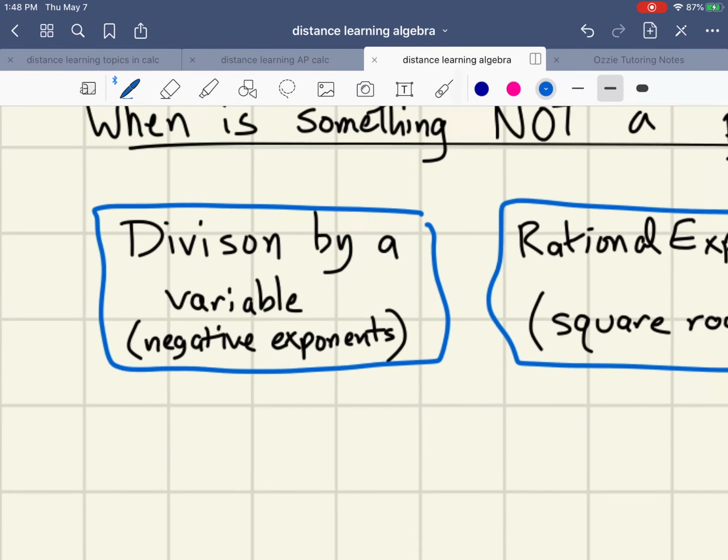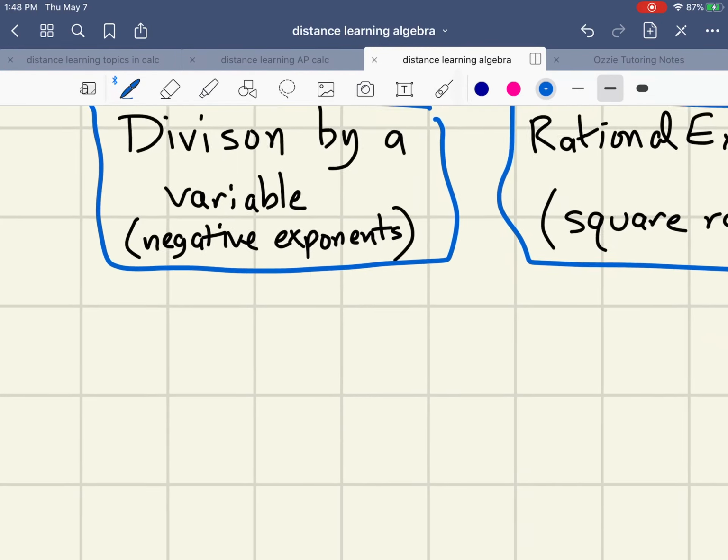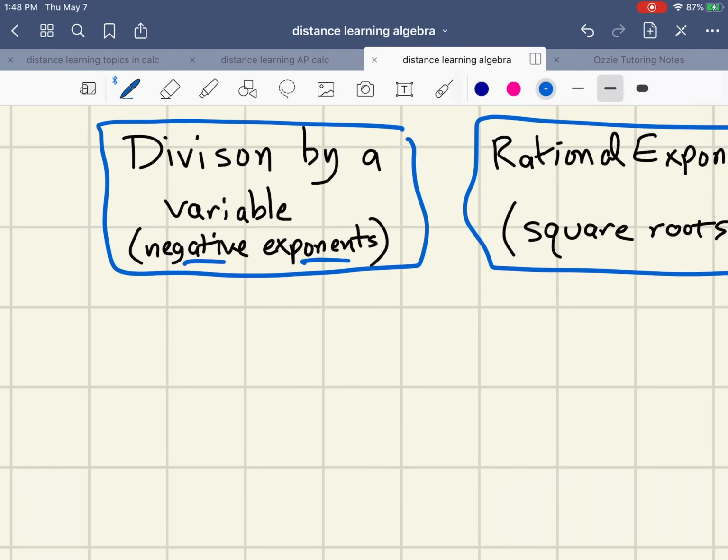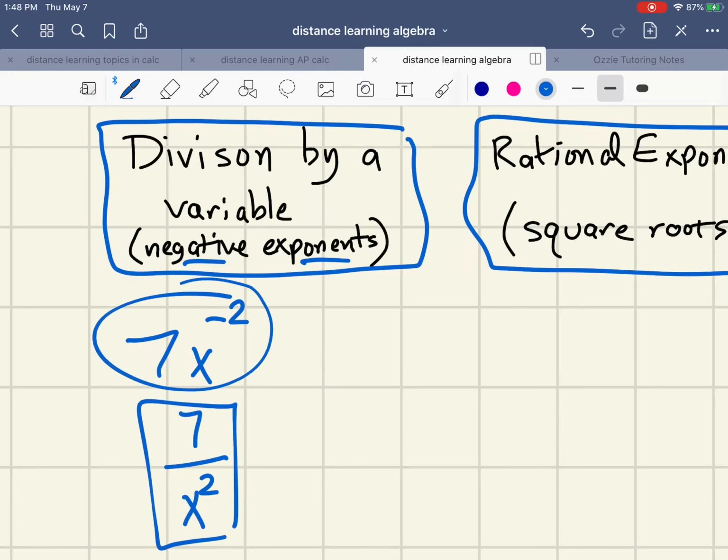Okay, so let's look at the first one, division by a variable, also known as negative exponent. So if you saw 7x to the negative 2, which is the same as 7 over x squared, that variable is dividing that coefficient, even though it looks like originally it's not. So we're either looking out for a negative exponent or division by a positive exponent.